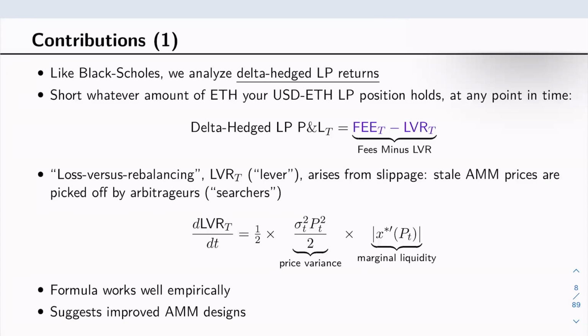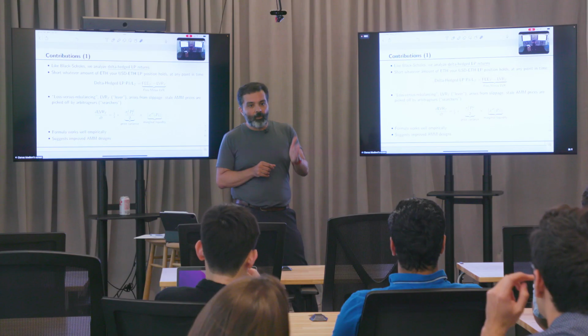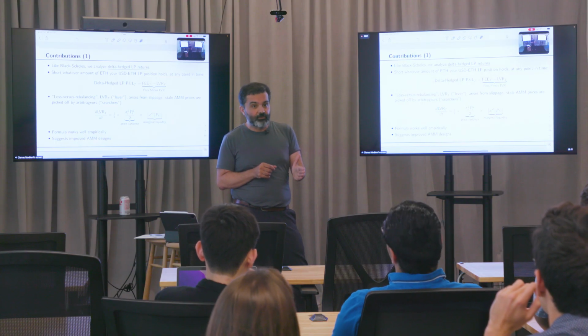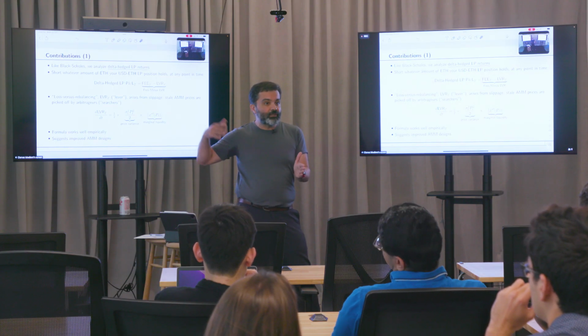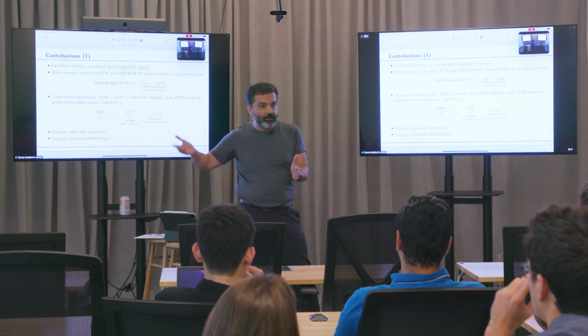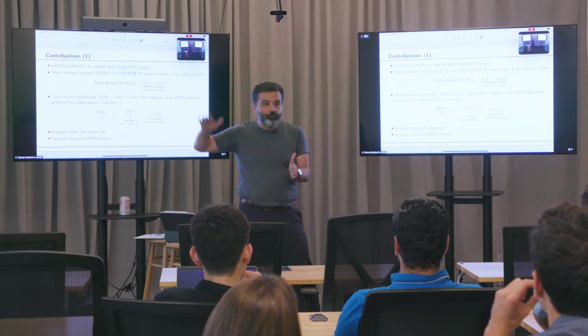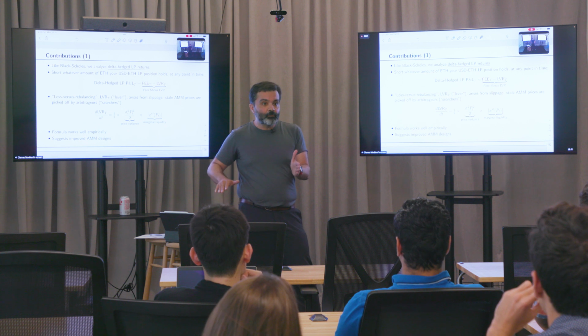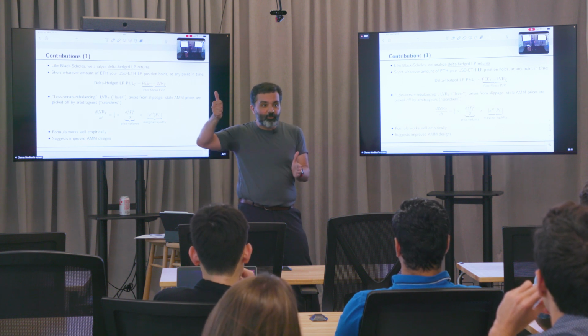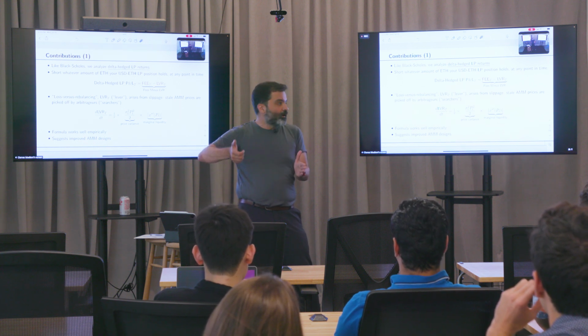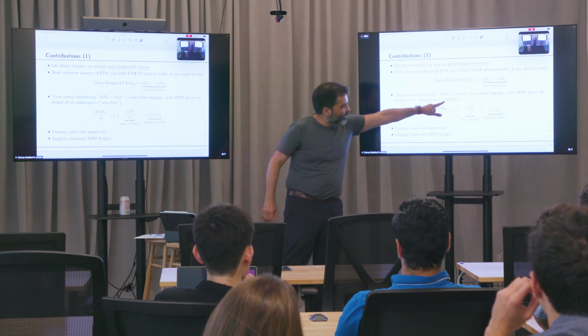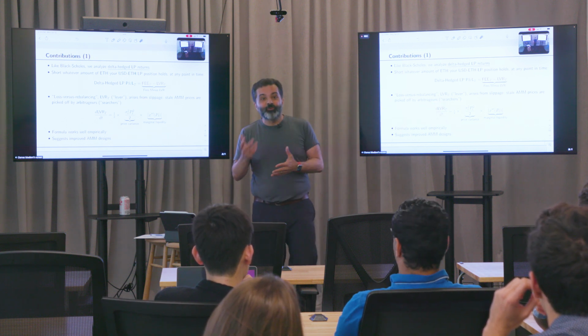And the idea is that this is a form of slippage, right? In the sense that if you have an AMM that's on chain, it's not updating its price unless there are trades. But out there, let's say in centralized markets, on Coinbase or on Binance or whatever, the prices are updating continuously, right? As the prices update, let's say the price goes up on Binance, arbitrageurs, or in crypto parlance, searchers, they will notice that, right?